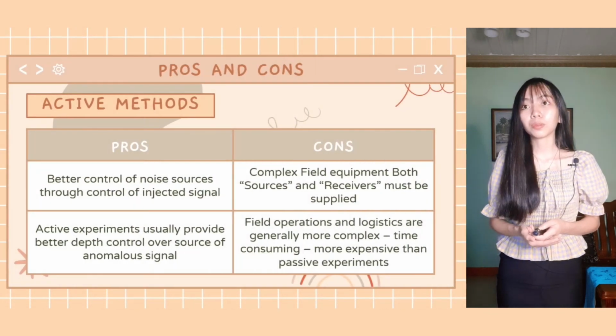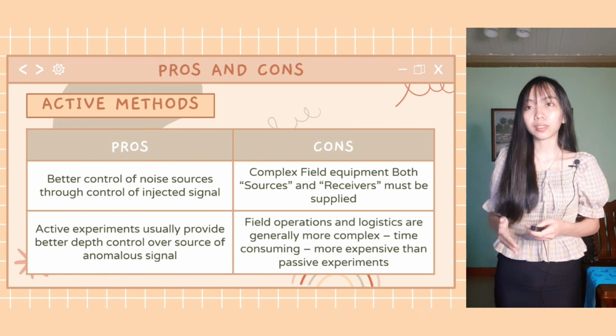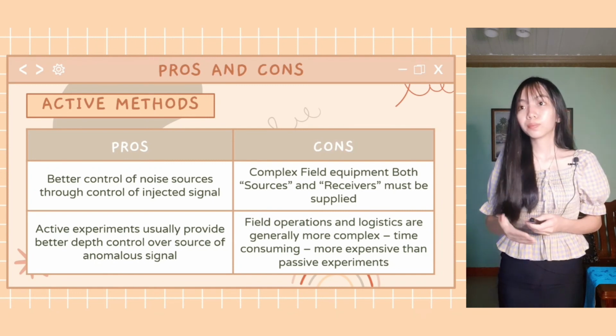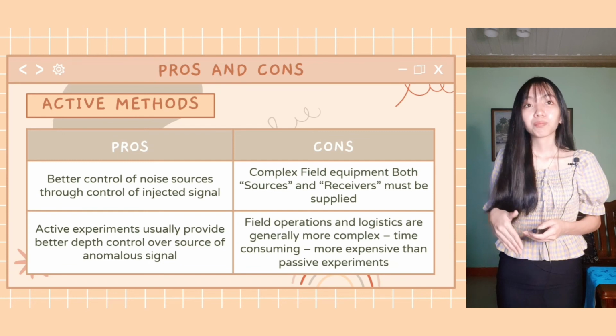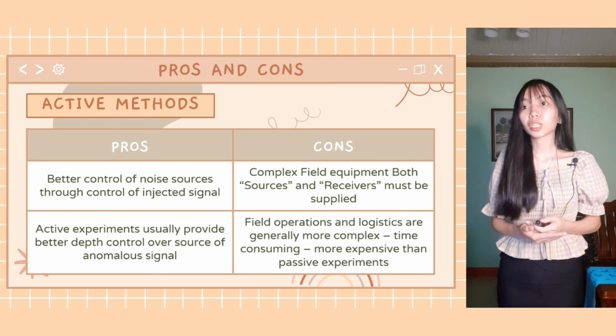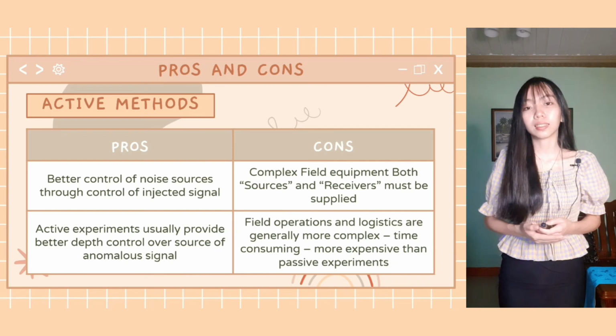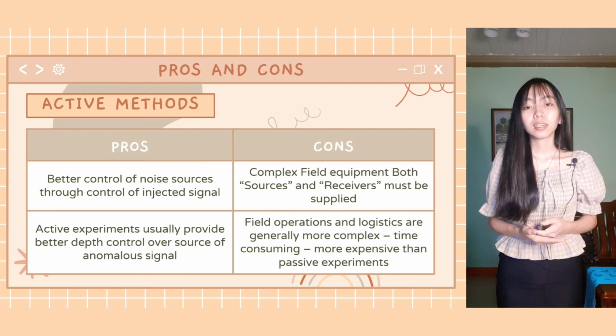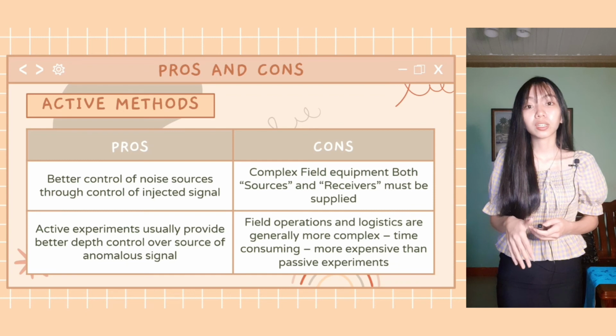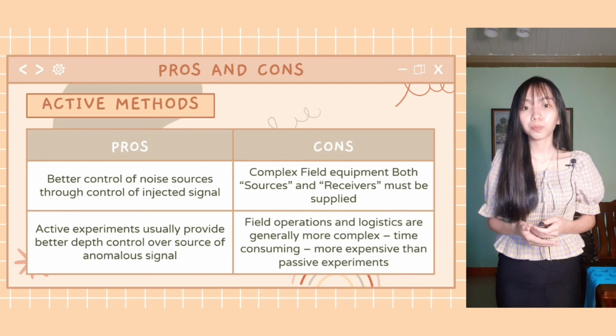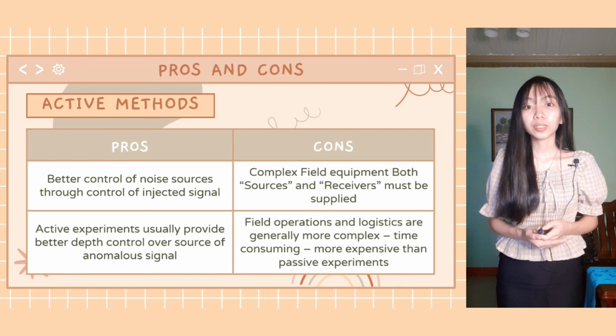Let's tackle the pros and cons of active methods. On the pros side, the surveyor has better control of noise sources through control of the injected signal, and the surveyor has the ability to eliminate that noise in the process.